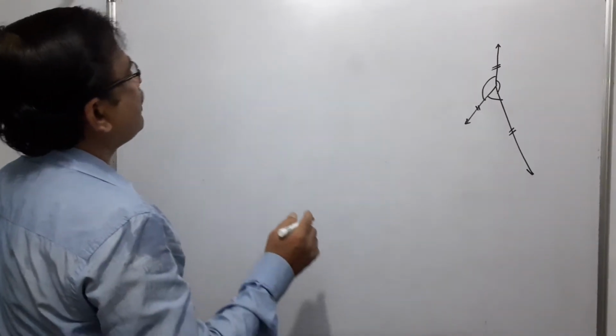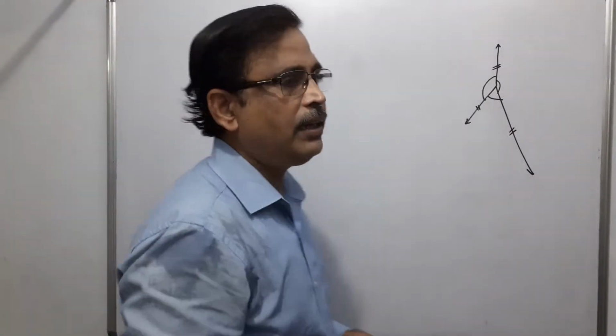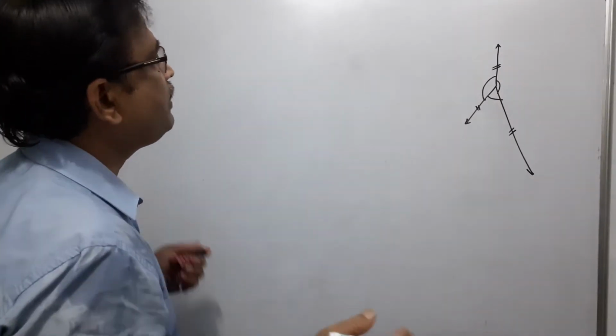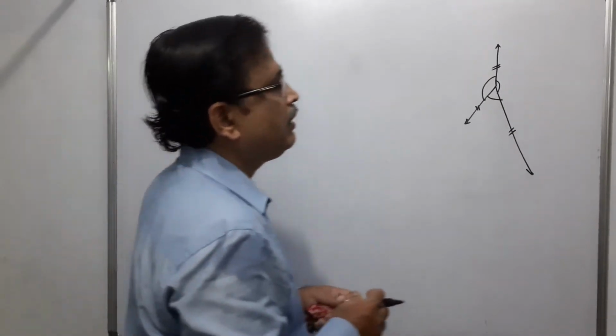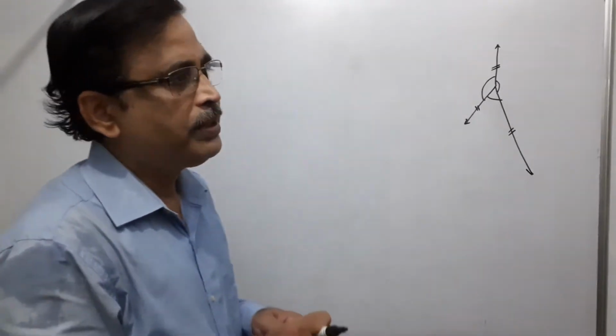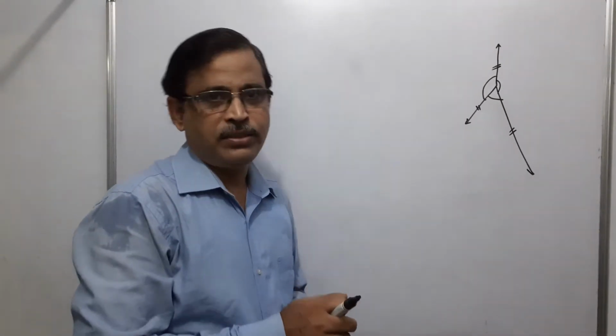Now, according to Fortescue's theorem, any unsymmetrical system can be resolved into symmetrical components. A three-phase unsymmetrical system can be resolved into two symmetrical systems and one co-phasor system.